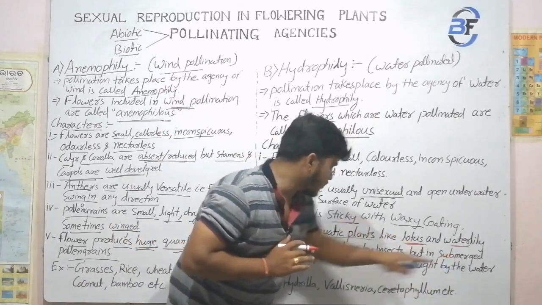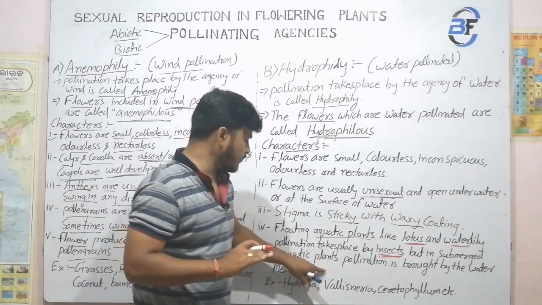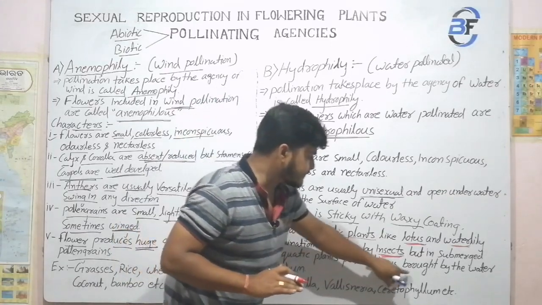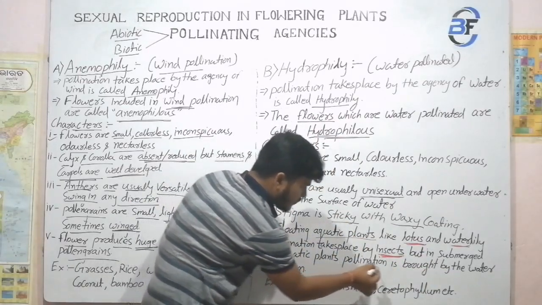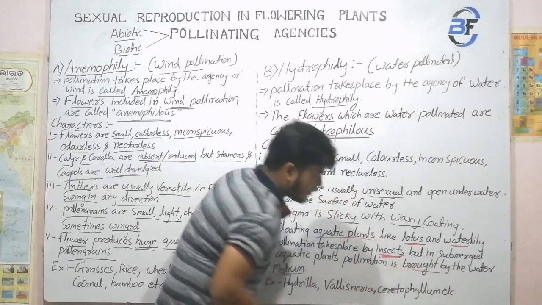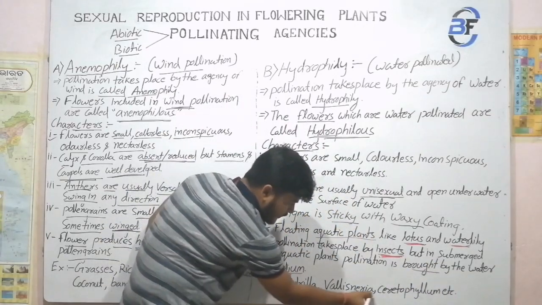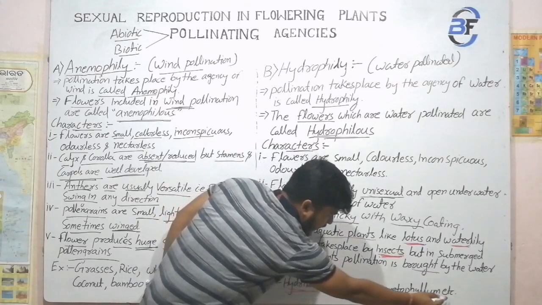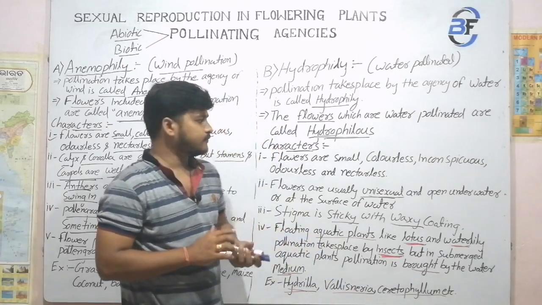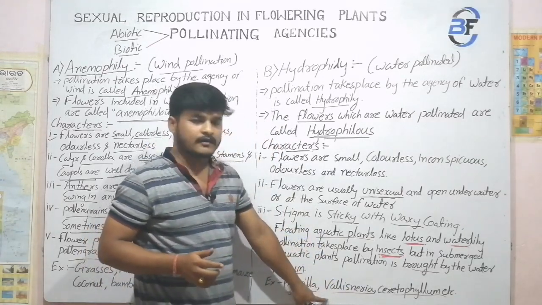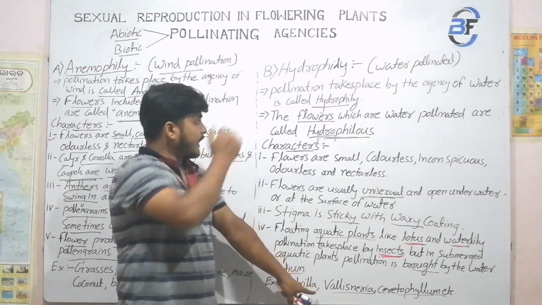But in submerged aquatic plants, that means under the water level, pollination is brought about by the water medium. Examples are Hydrilla, Vallisneria and Ceratophyllum, which are the most primitive examples of the hydrophily technique.